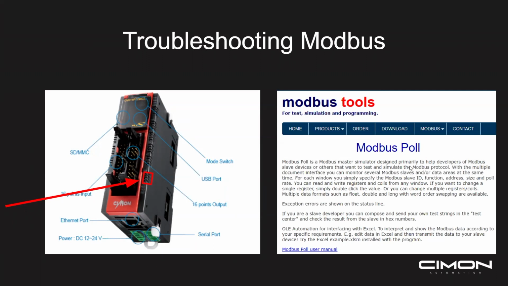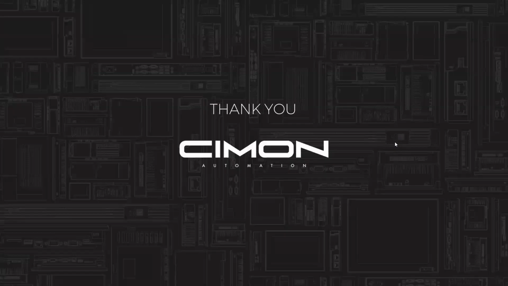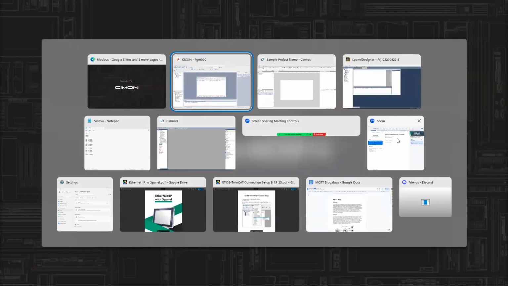So all I have to say about this is if Modbus Poll can talk to the Modbus slave that you're wanting to communicate with, our PLC can definitely do it as well, or our X panel or the SCADA can do it. So Modbus Poll is like my gold standard for troubleshooting a Modbus slave. So just wanted to throw that out there. And that's pretty much it for Modbus. So let's talk about some other communication protocols finally.